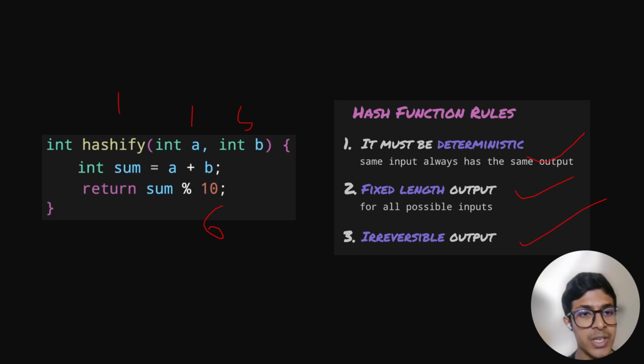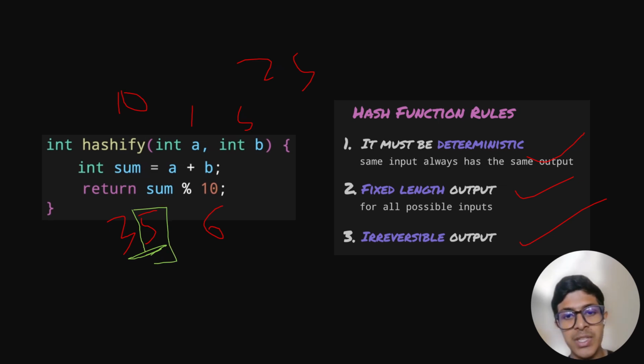If we give 10 and 25, we get 35, out of which we only take the fifth value. So what we get is one value, which makes possible the fixed length part. And for the irreversible part, we only take the last value. So it is not possible to find the initial value.